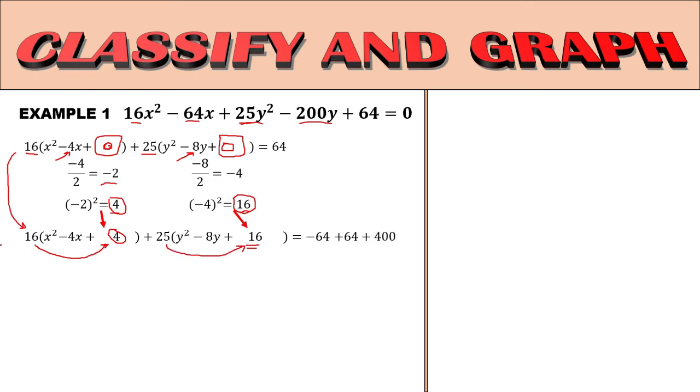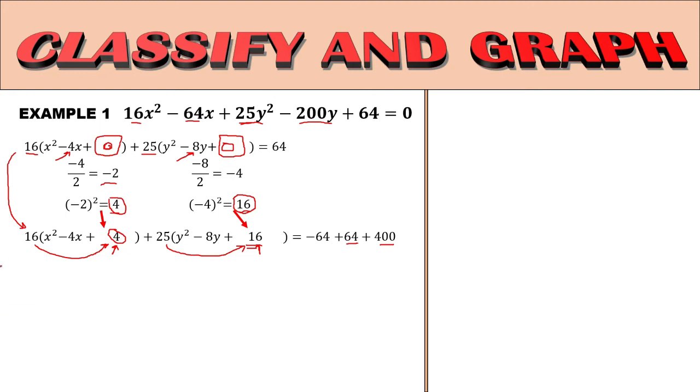So 16 times 4 is 64, and 25 times 16 is 400.